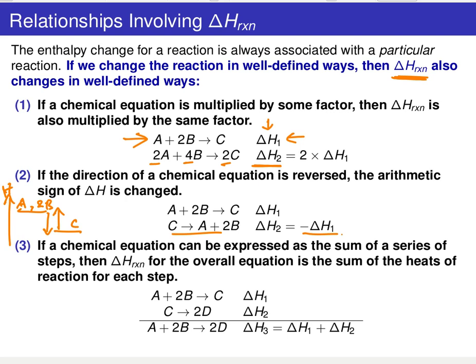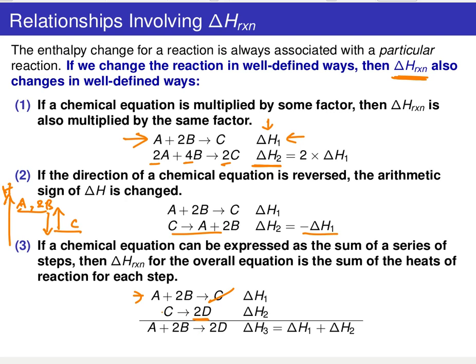Now, the last relationship that we want to keep in mind comes back to how we deal with chemical reaction equations when we're adding them together. Well, we've done this before. If we had, for example, one chemical reaction, A plus 2B going to C, and then another chemical reaction that takes C to a new product, D in this case, and I add those chemical reaction equations together, we cancel off the terms that show up on the left and right.